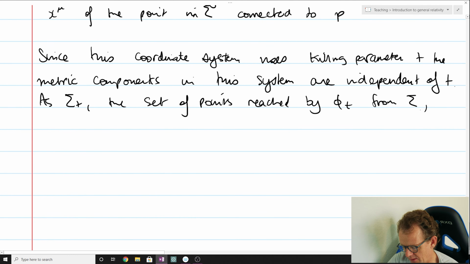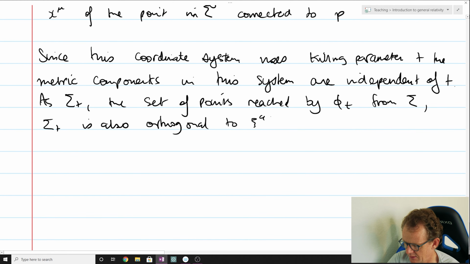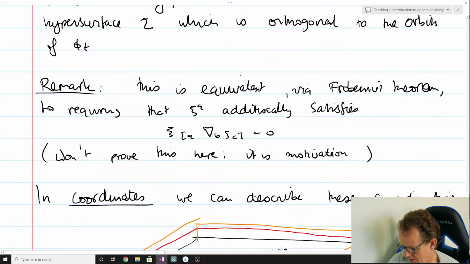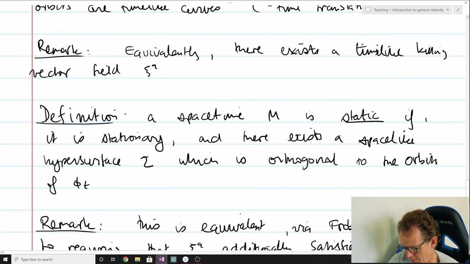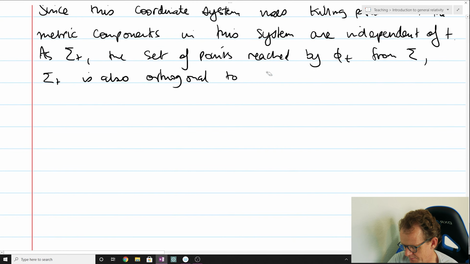And as this is an image of a bunch of points under an isometry, we learn that sigma t is also orthogonal to the killing vector field, psi a. Or orthogonal to the orbits of phi of t, to use a language that's consistent with the definition of static.